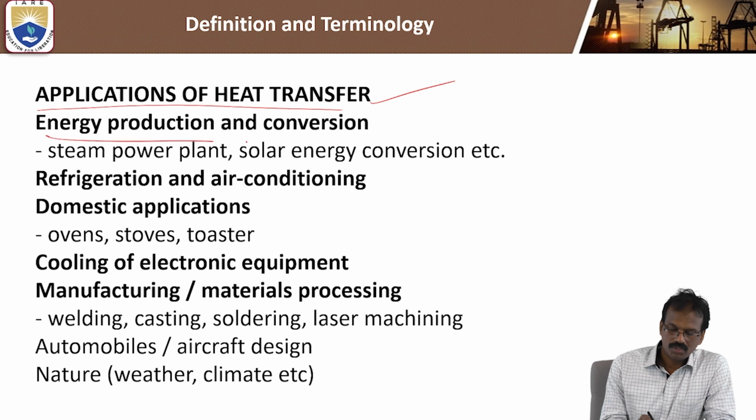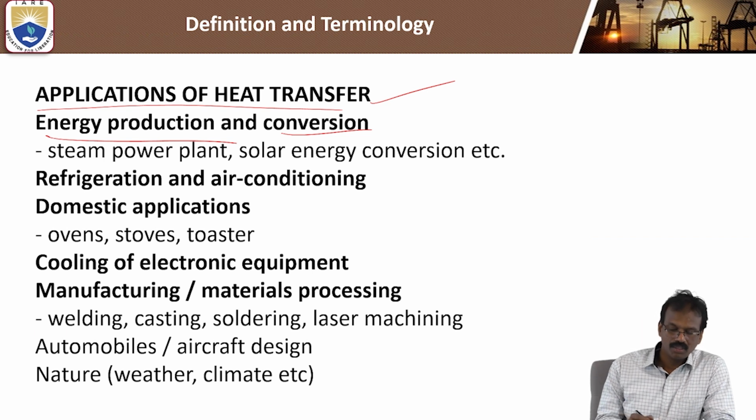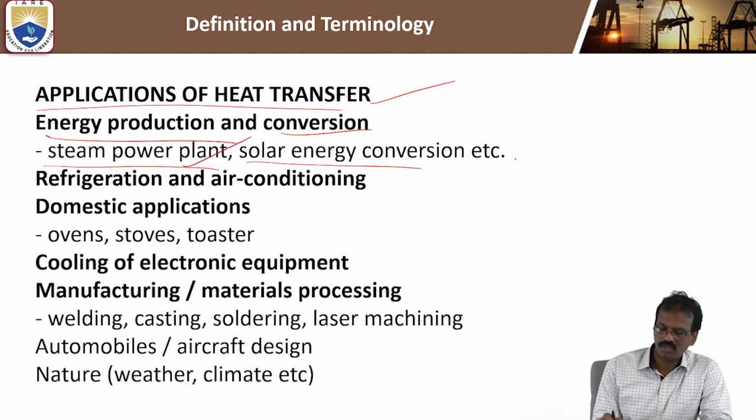Next, first, energy production and conversion. Production of energy, either heat energy or current, or power generation. So we'll see steam power plants. Here also heat transfer is a very important phenomenon for the development of the steam power plant. Next, solar energy conversion.